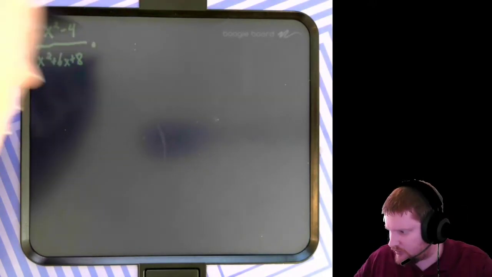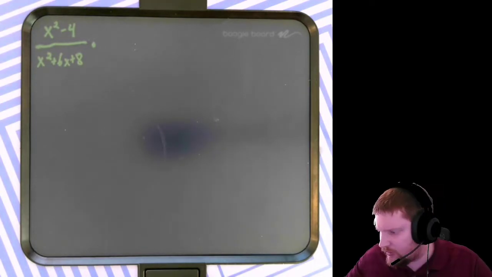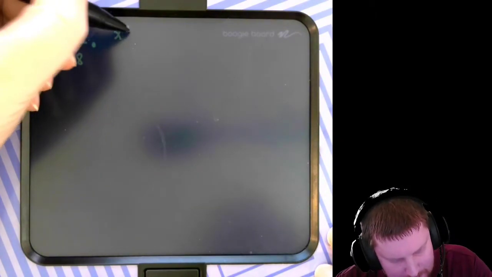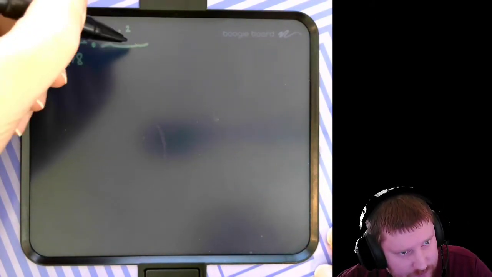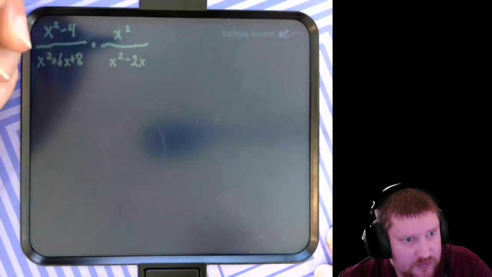And we've got, on the other side, sorry about that. On the other side, we've got x squared over x squared minus 2x.